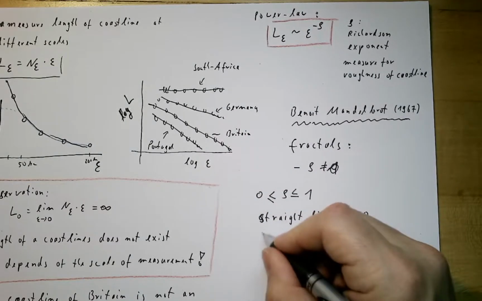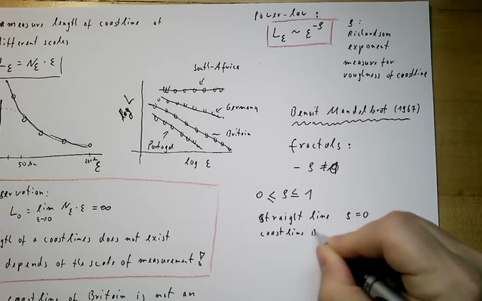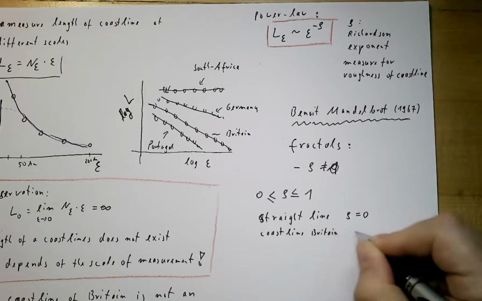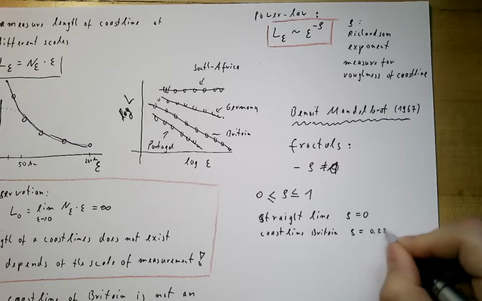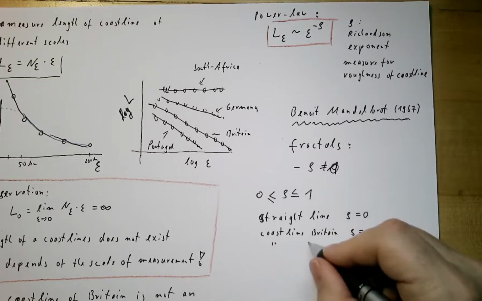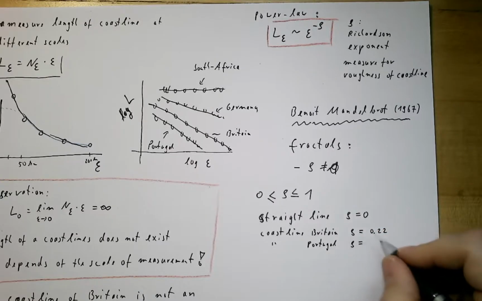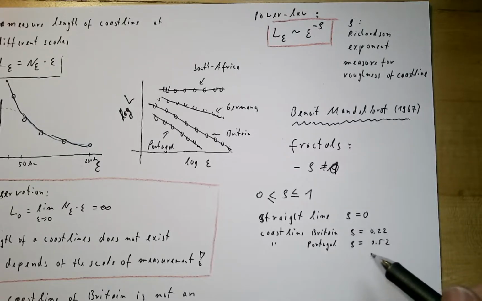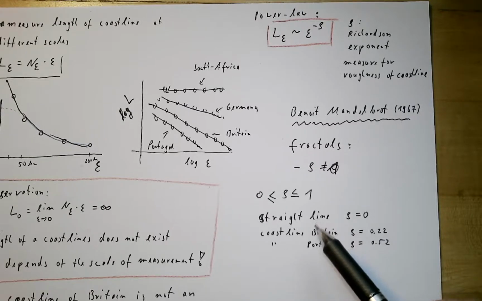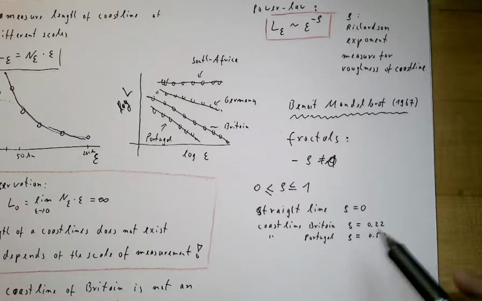Now if we take the coastline of Britain, we have a roughness of about 0.22. If we take the coastline of Portugal, we have a roughness of 0.52, so the roughness of Portugal is a bit larger, and so we can say that instead of the length of a coastline, at least we can quantify the roughness by this Richardson exponent.